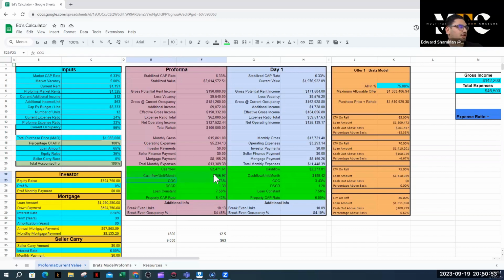My cash on cash is going to show me exactly what it would be if I factored in my pref. So if I have my cash on cash day one at 3.43, which is cell H23, I'm just going to highlight it. Okay, so you see those two numbers?